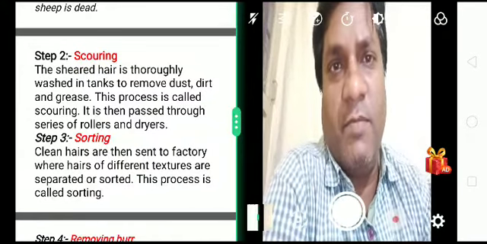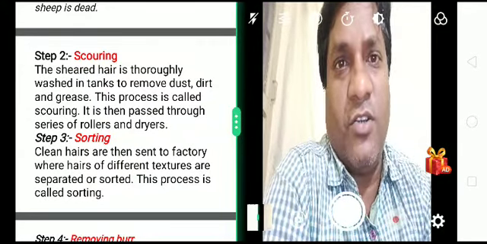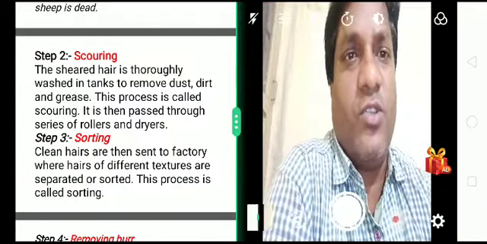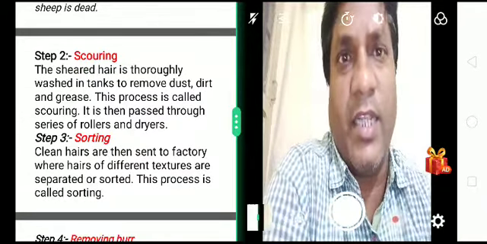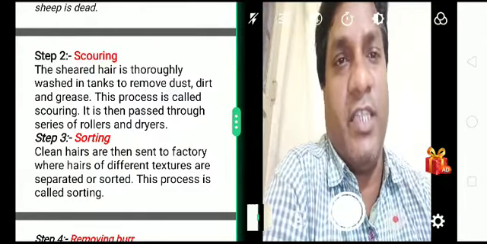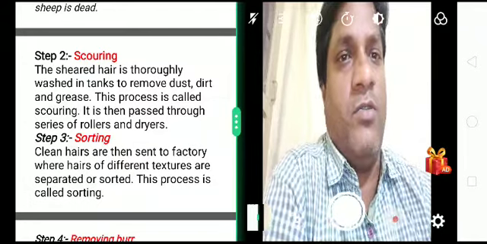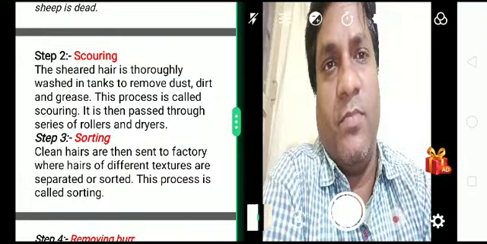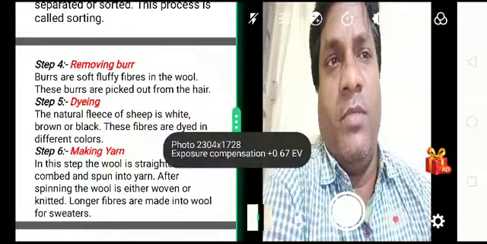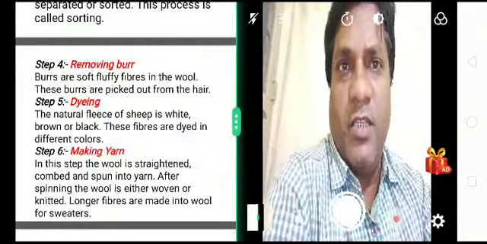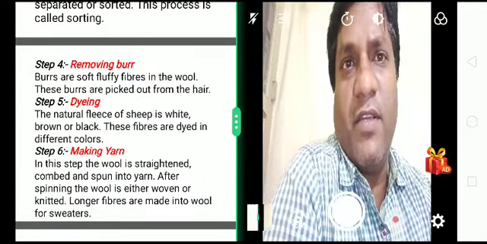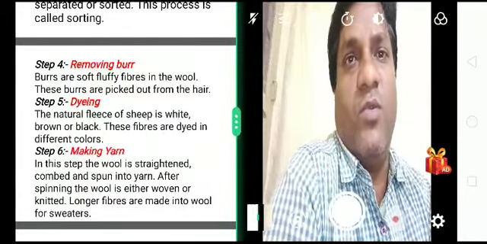The next step in the processing is sorting. These cleaned hairs are sorted, which means they are categorized into different types as per the texture and quality of the wool. The next step is the removing of burr. Burrs are soft, fluffy fibers in the wool.